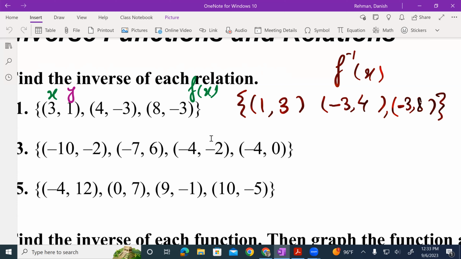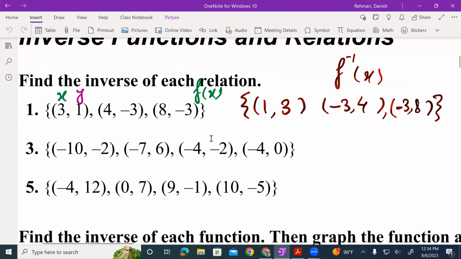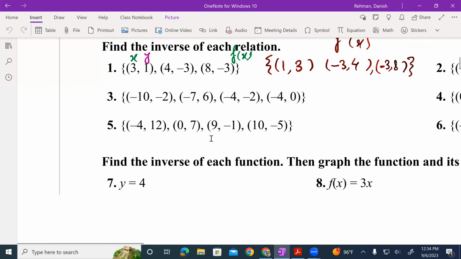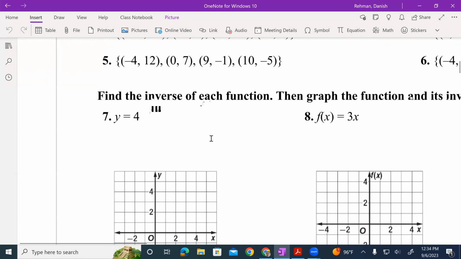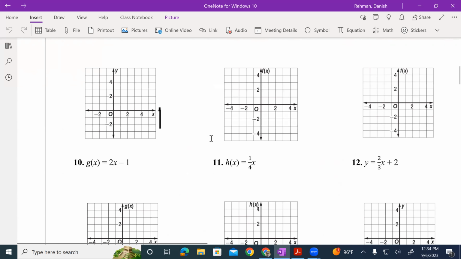Now, third and the last thing, I'm giving you a hint now for the function. When you have a function and you're trying to figure out its inverse, how will you do that? Look at this. I will show you this in an example of question number 12 here.